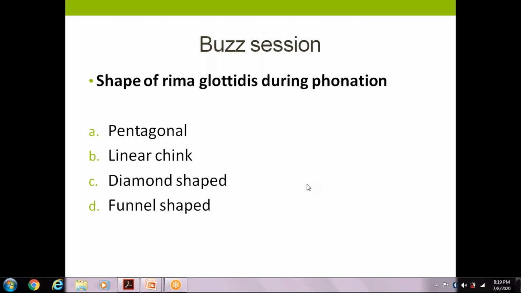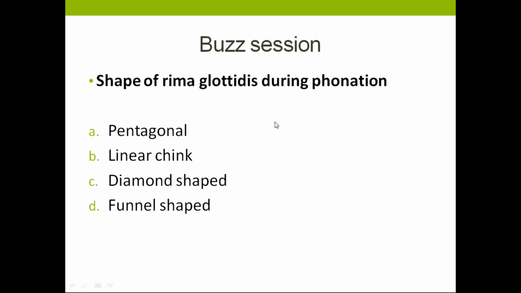The shape of the rima glottis during phonation. What is the shape? During phonation, that is in high pitch sound, it appears linear chink. That is the answer for this question.